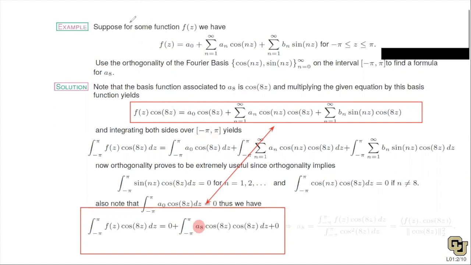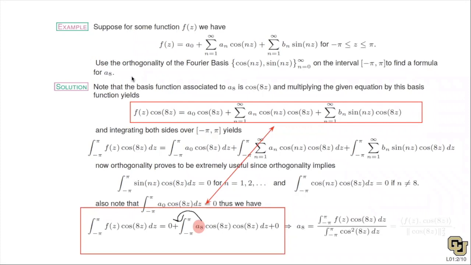So I'm going to pull the constant out of the integral and then isolate the constant by dividing both sides, dividing the integral away. So here I have my formula for a sub 8. It's the integral on the left-hand side divided by the integral that a sub 8 was the coefficient of.